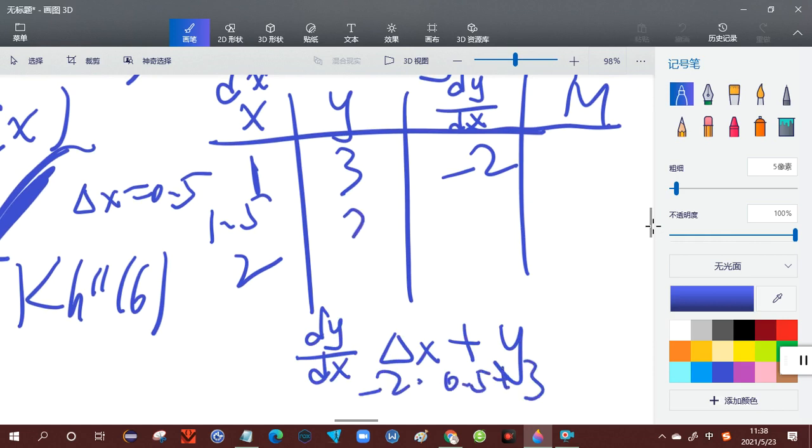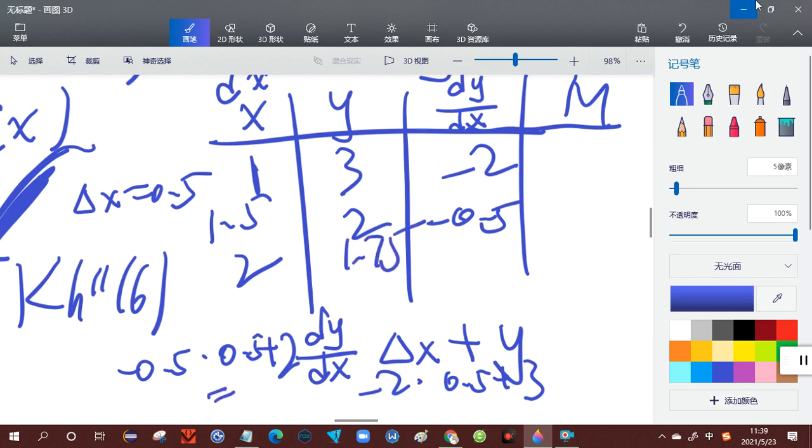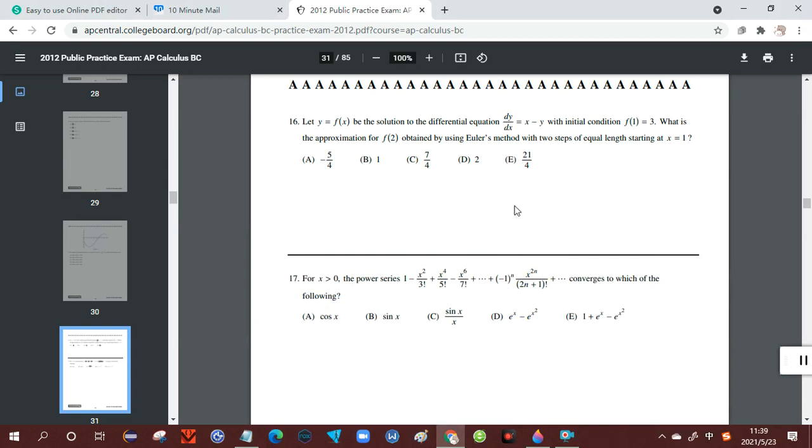So it's equal to 2, negative 0.5, then 0.5 plus 2 is equal to 1.75. So the final answer is 1.75, which is D.